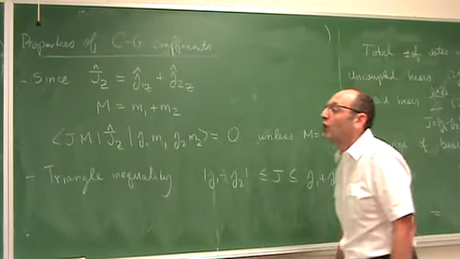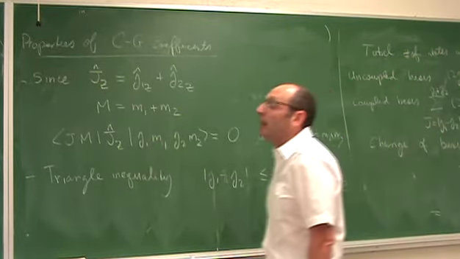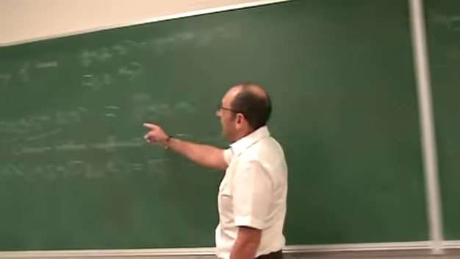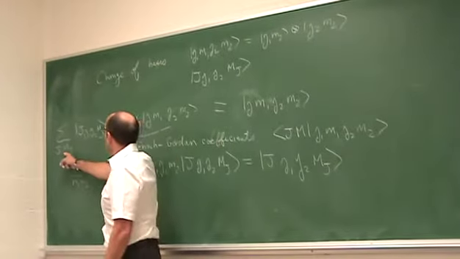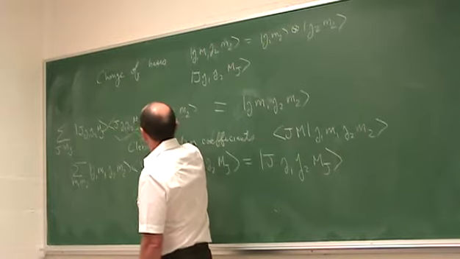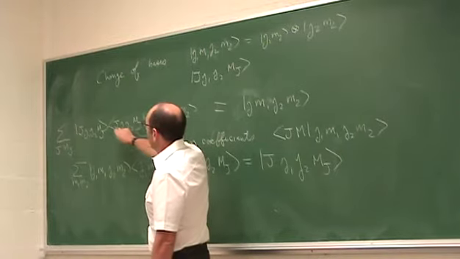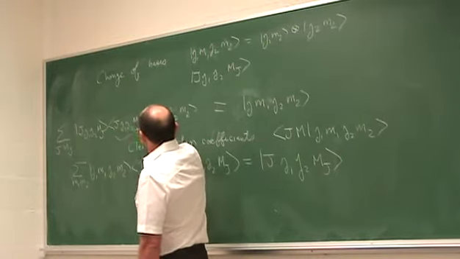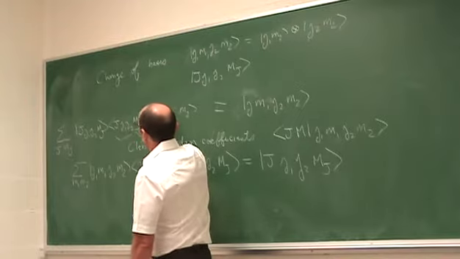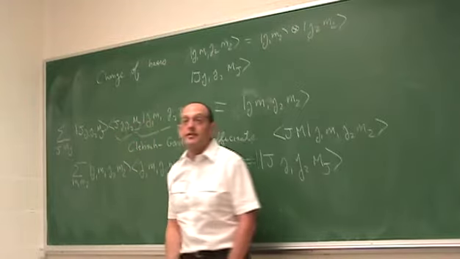So the Clebsch-Gordan coefficients will be 0 unless J satisfies the fact that J1 plus J2 is no smaller than J, and the magnitude of J1 minus J2 is no greater than J.